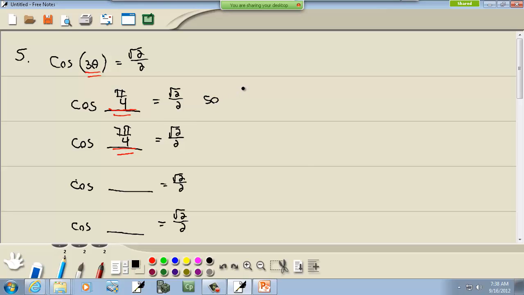So we got 3 theta is equal to pi over 4. Multiply both sides by 1/3. And we're going to get... I don't think I like this particular format.